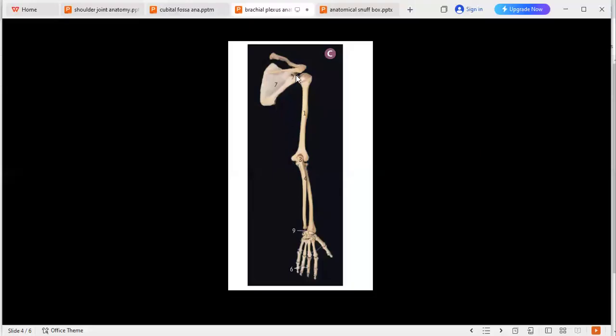Please tell me how many compartments there are in the arm. How the muscles of the arm are structured. If you can't recall, we can come to that later. If you can recall, please tell me quickly.